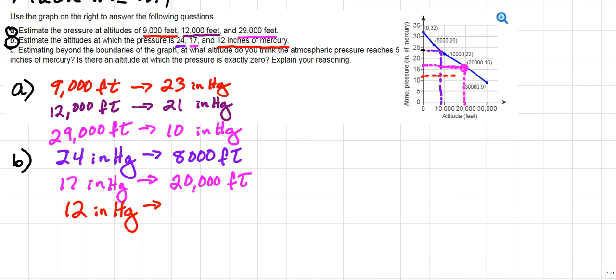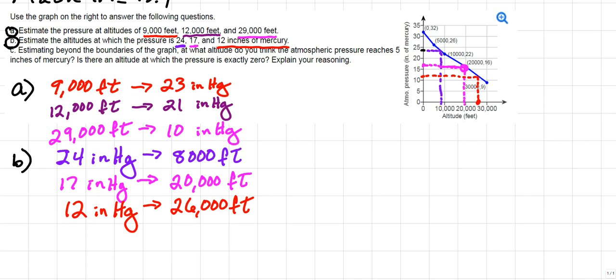We draw a horizontal line back to the graph, and then a vertical line down so that it intersects the x-axis, and then we make an estimate. That looks a little bit to the right of 25,000, so I'm going to call it 26,000 feet. And once again, there's going to be a range of values anywhere from, say, 24,000 to 28,000 because it is an estimate.